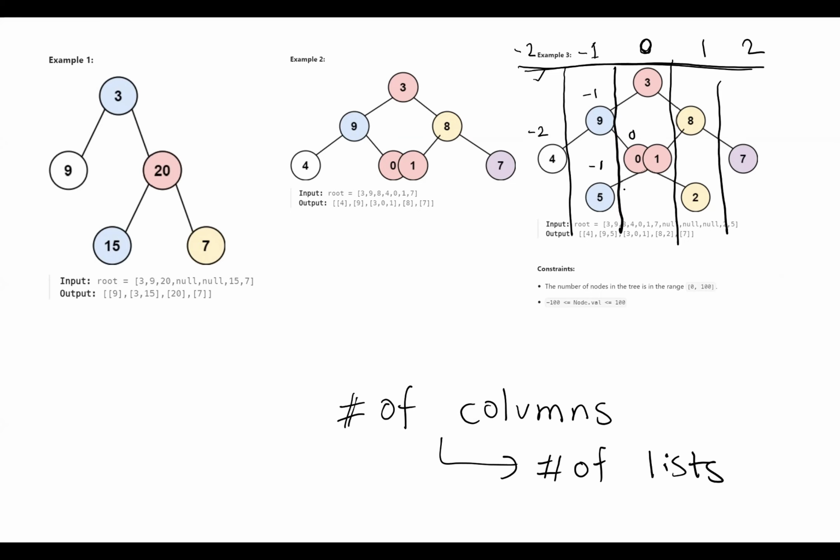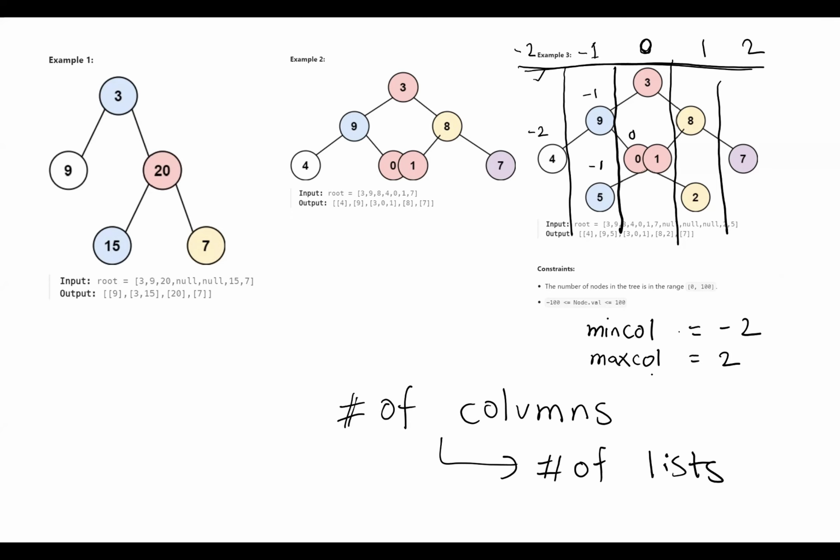So whenever we go to the left, we just deduct 1, and we keep track of that value. Whenever we go to the right, we add 1. That way we know how far left or right we are. So we can just keep two values: min column, which is the lowest negative value we get after traversal, that is -2 in this example, and max column, which is 2 here.